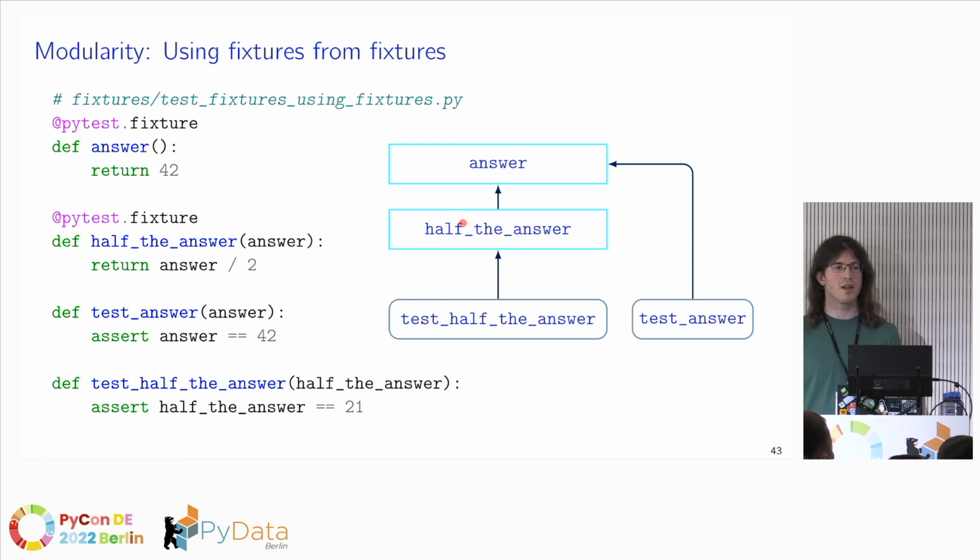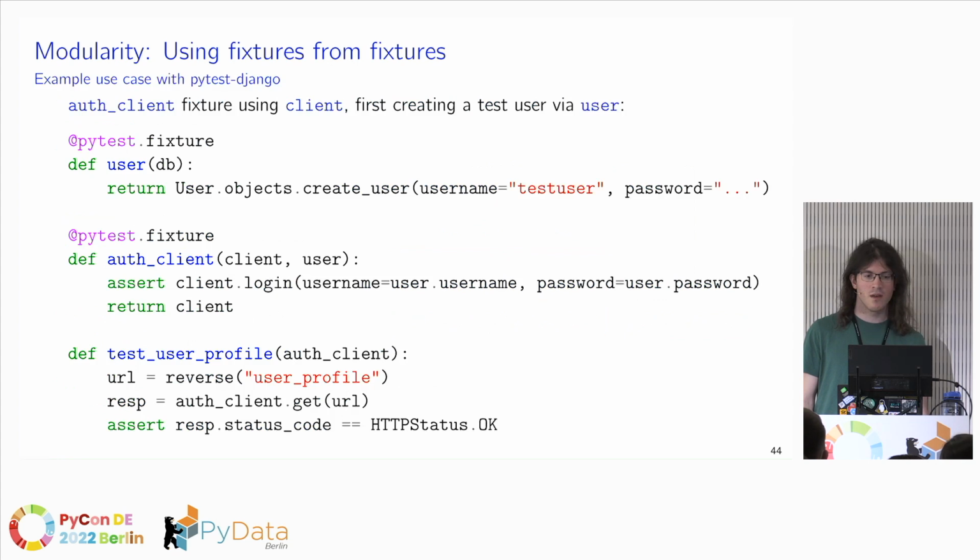Now here, this might not make too much sense with this example, but consider, for example, a test for a web application, maybe written in Django, where you could have a fixture using the db fixture from the pytest-django plugin.